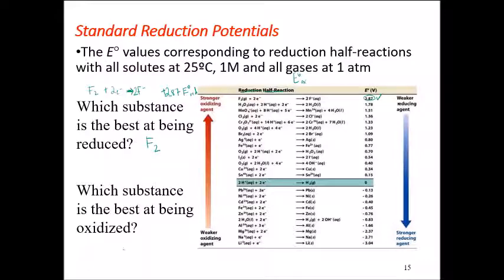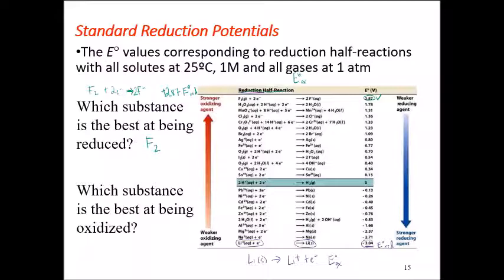Now, at being oxidized. As you can see on this table, all of these are reduction potentials, so the one that's going to be the best at being oxidized is the one down here that has the most negative E reduction, because all we have to do for this lithium reaction is flip it. So lithium solid goes to the lithium ion plus the electron. We're creating the E ox, right?